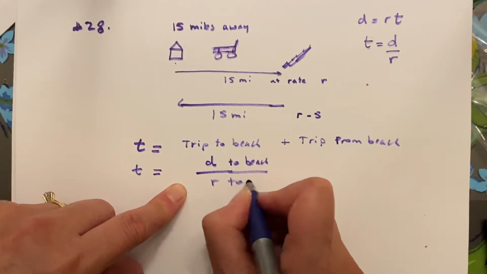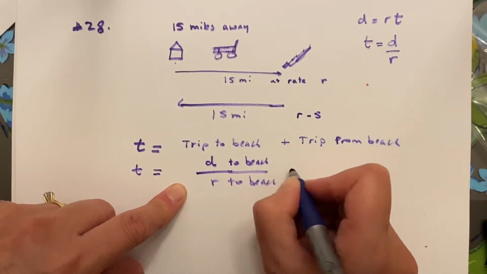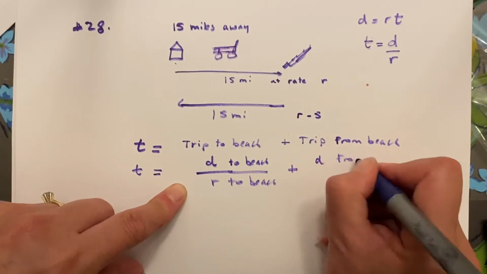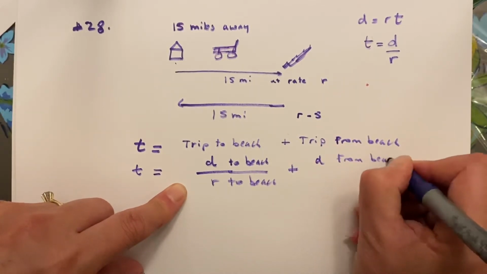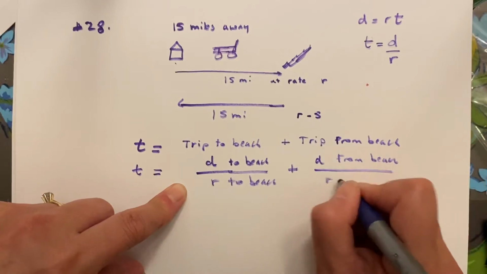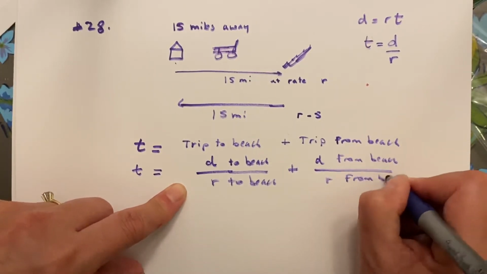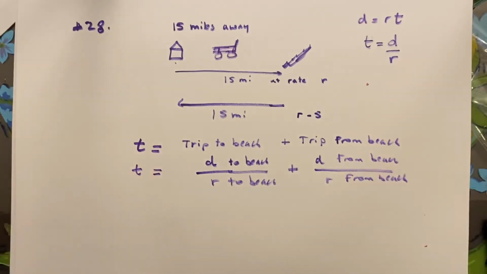R to beach plus the distance from the beach over the rate from the beach, right? Well, what do you know? And I'm going to switch pens because this poor pen is dying. Let's see.